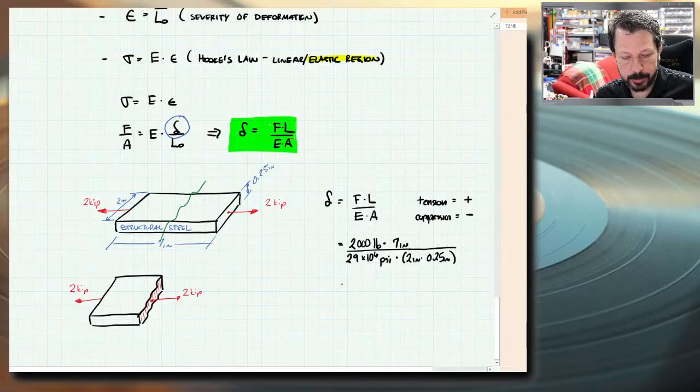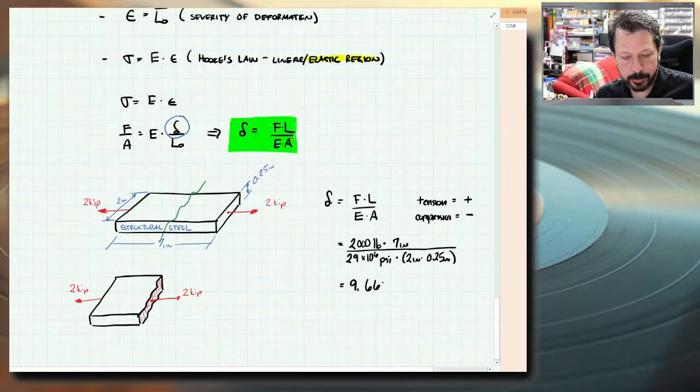I know all of those values, so I should be able to put them in my calculator and calculate the change in length of this bar. So we have 29 million times 2 times 0.25, 2,000 times 7, and then divided by that denominator, small number, 9.66.